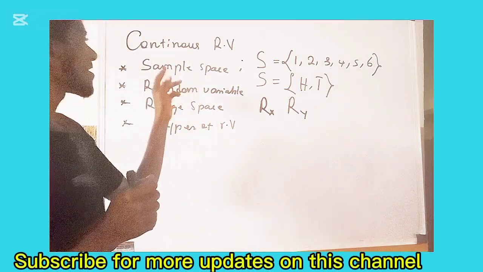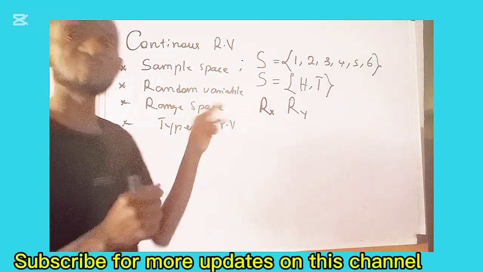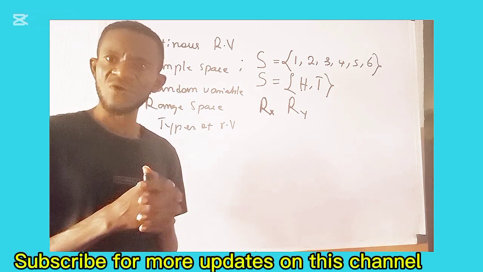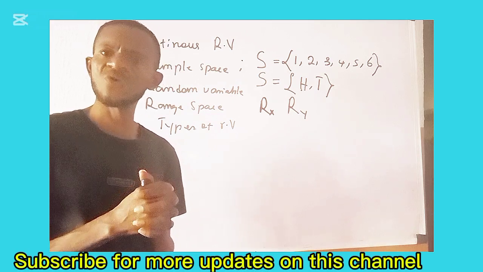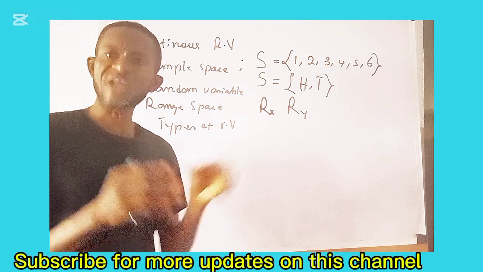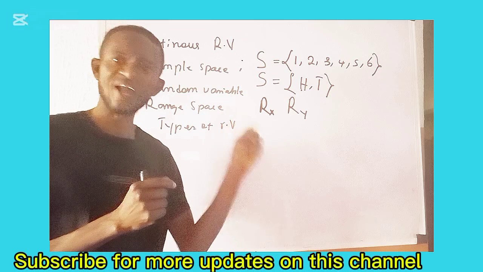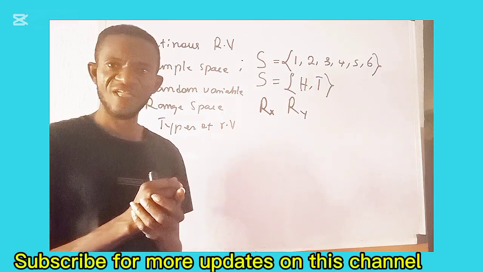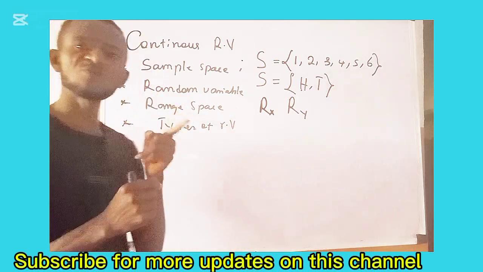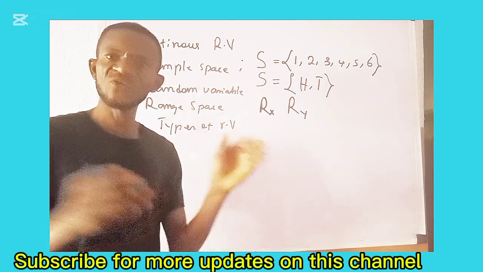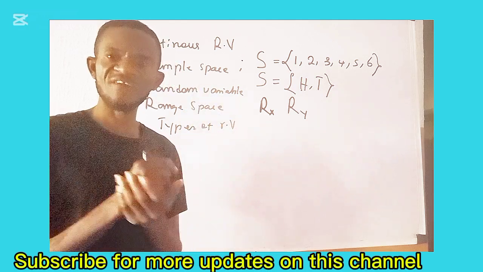However, when the sample space or the range space of a random experiment contains uncountable values, we now describe such a random variable as a continuous random variable. And the range space of a continuous random variable is often denoted with an interval of values.